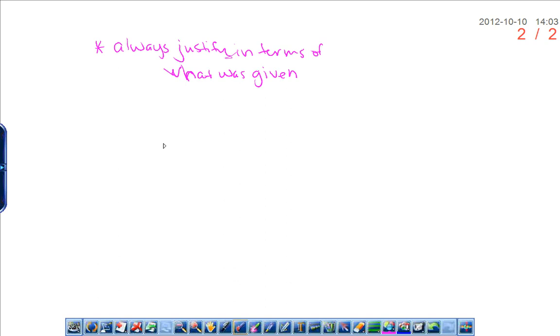So every single justification has to be in terms of f prime. Throughout the rest of this assignment, sometimes in the general directions for the problem, it says be sure and justify your answers. And then sometimes next to each letter, it says justify your answer. But when in doubt, justify. On these types of problems, you're pretty much always going to have a justification. So justify in terms of what was given to you.